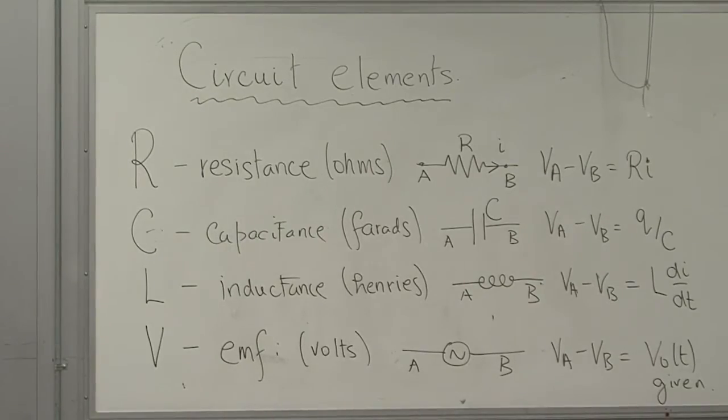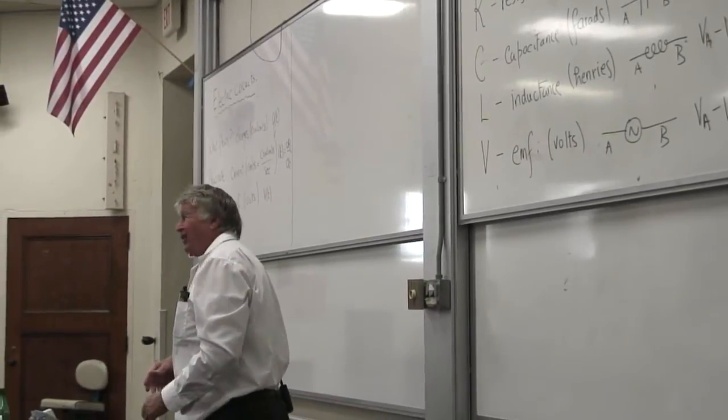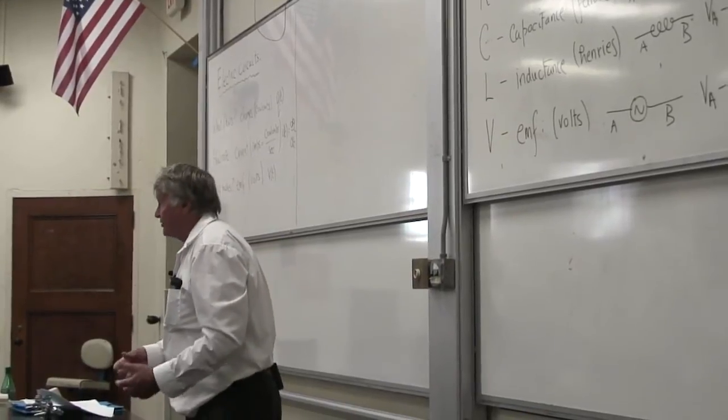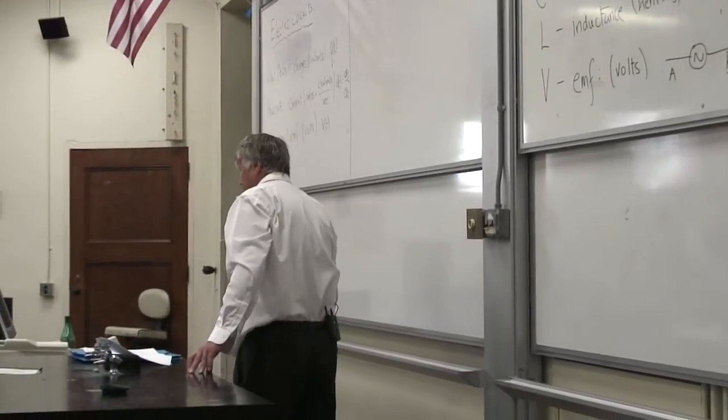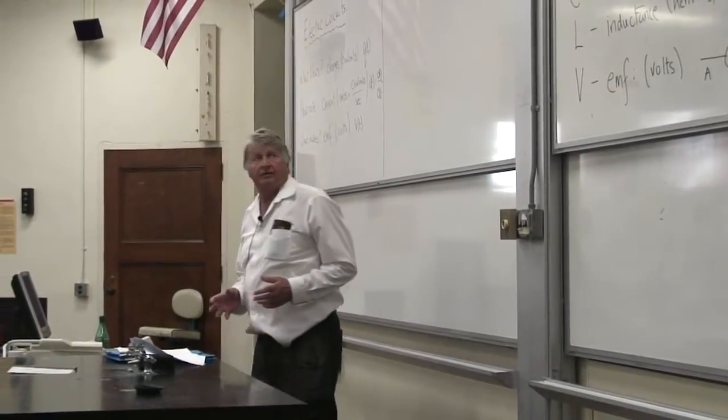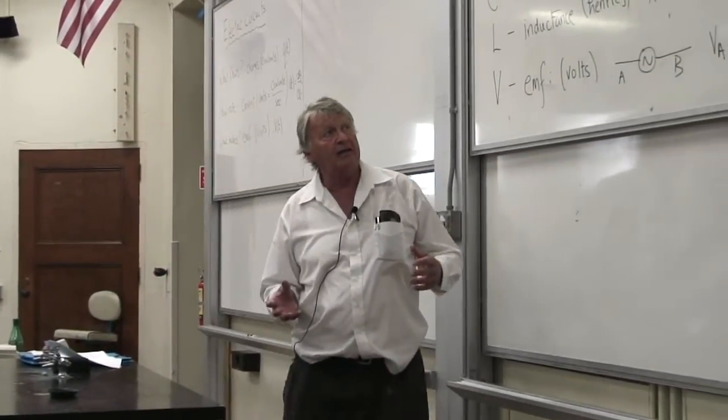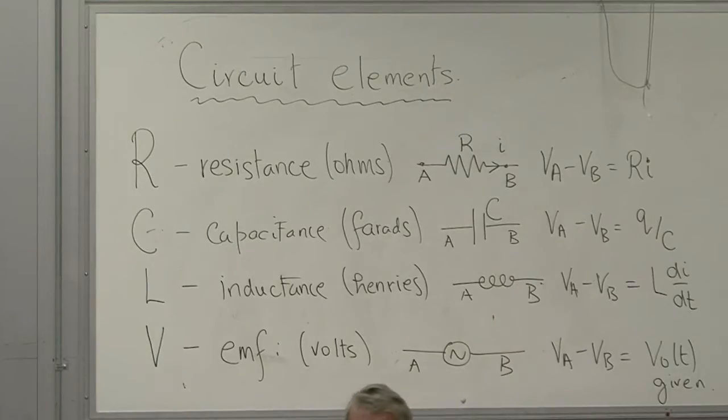Now, you might ask, is that a law of nature that the voltage difference is proportional to the current? Or is that just an approximation? The answer is it's just a good approximation. For fairly low values of the current and the voltage difference, the law relating the two is linear.